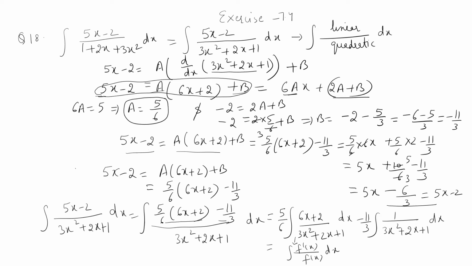Okay, and the second one is minus 11 by 3 times 1 upon quadratic, for which I need to work out that reducing to perfect square form, and then I can solve this question. So we get the integral as: first term is 5 by 6 times, using integral f dash x upon fx, which is log mod of 3x square plus 2x plus 1.